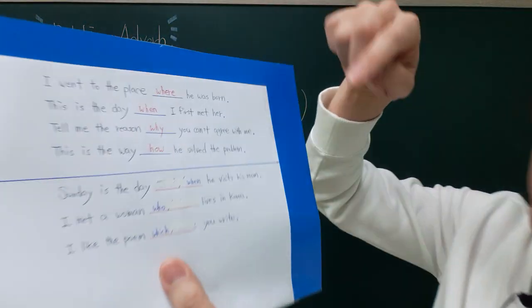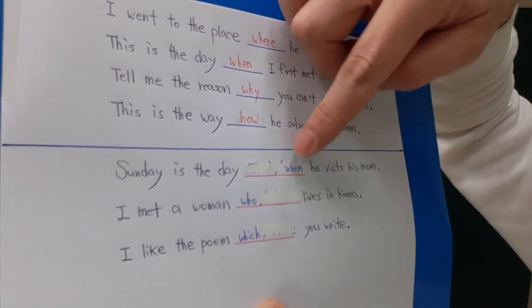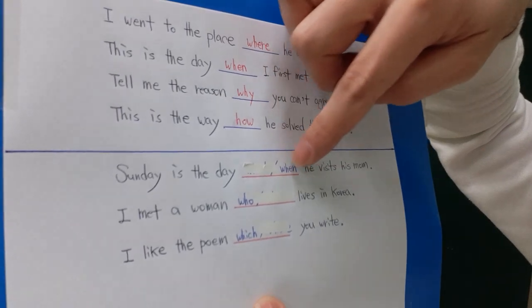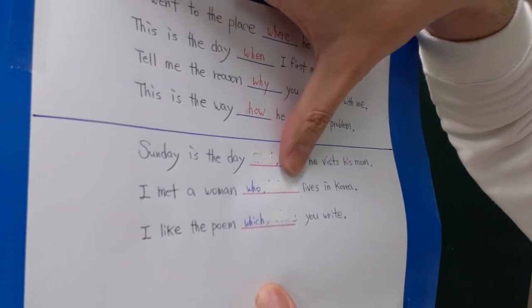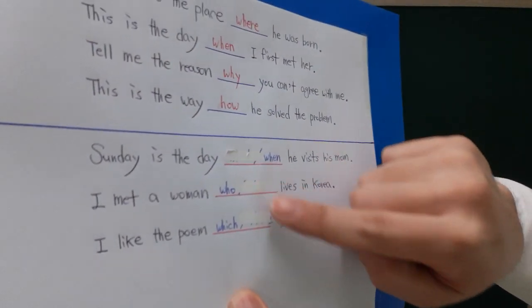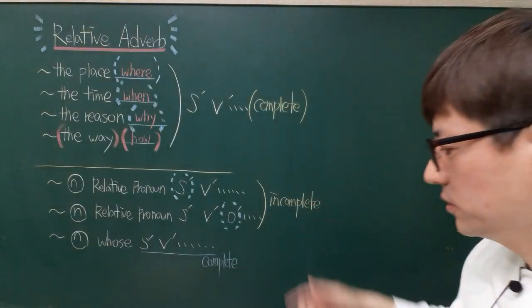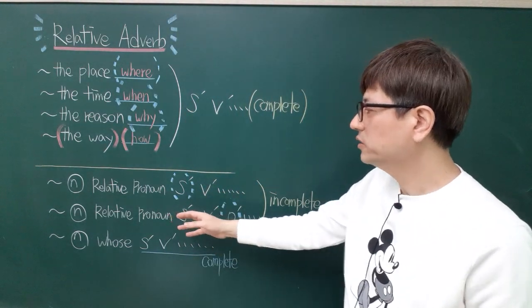And another one. Sunday is the day when he visits his mom. You can omit this when in the sentence. So "Sunday is the day he visits his mom" is okay. But what about the relative pronoun? Let's talk about the omission of a relative pronoun.